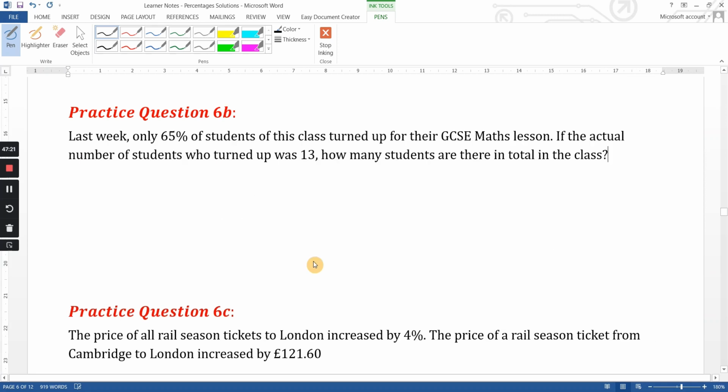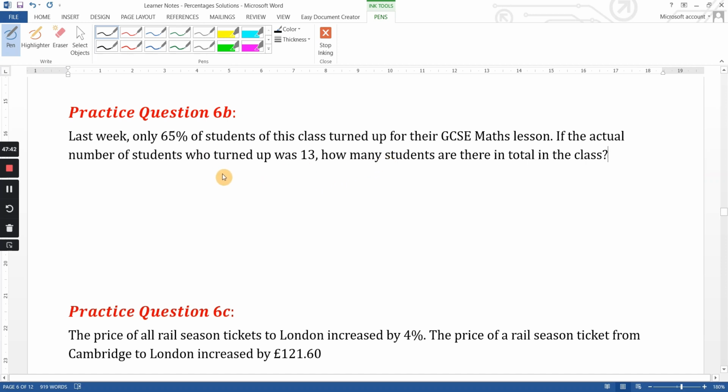Practice question 6b. Last week only 65% of students of this class turned up for their GCSE maths lesson. If the actual number of students who turned up was 13, how many students are there in total in the class? Okay, so 65% turned up.